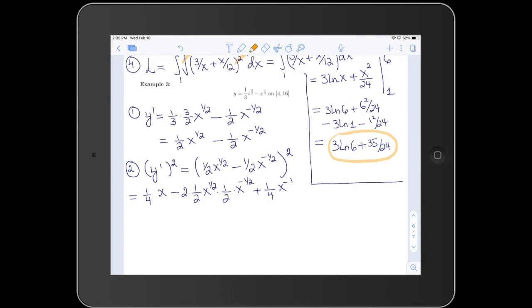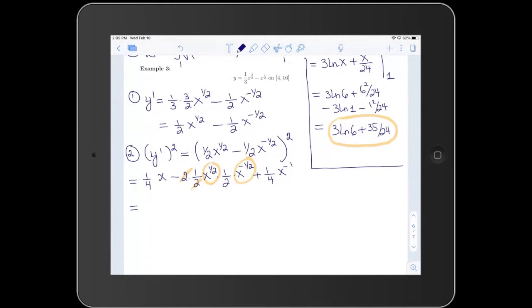So what happens here in the middle? 1/2 and 2 cancel out, and also x^(1/2) times x^(-1/2) is just 1. So we get an expression that looks like this: 1/4 x minus 1/2 plus 1/4 x to the negative first power.